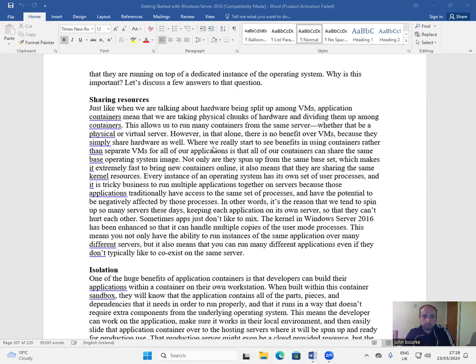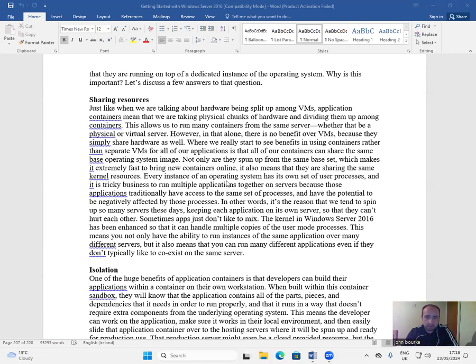Where we really start to see the benefits of using containers rather than separate VMs for all of our applications is that our containers can share the same base operating system image. Not only are they spun up from the same base set, which makes it extremely fast to bring new containers online, it also means that they are sharing the same kernel resources.